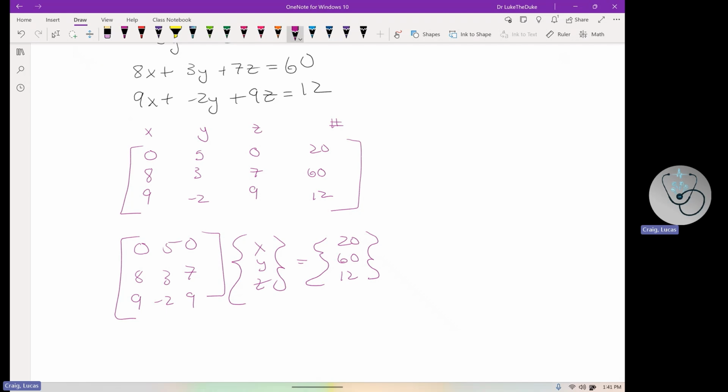That look familiar from last week, where we had stiffness matrix times our displacement values equals the load matrix.